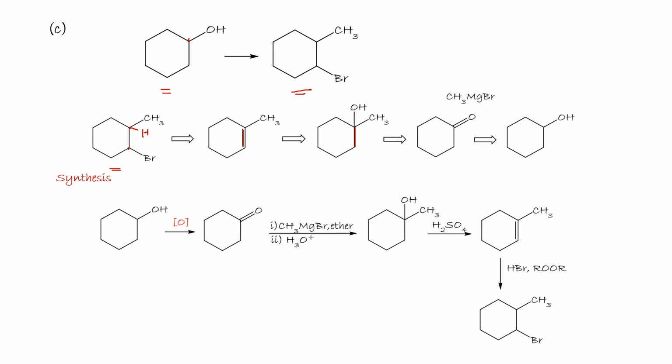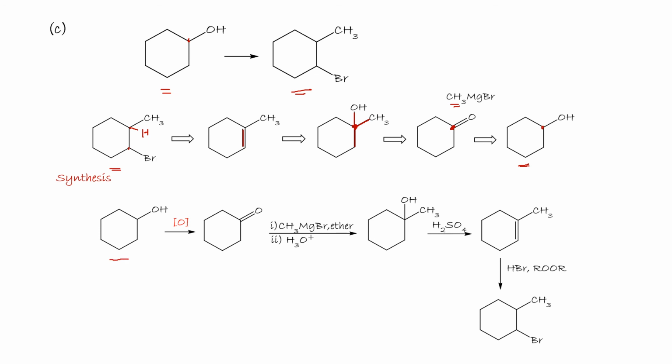Okay, here if we put the OH in here and CH3 in here, fine, we can get that from a carbonyl and Grignard. Ketone and Grignard give you a tertiary alcohol. That's acceptable. And the ketone, we can get that from alcohol. That's our starting material.